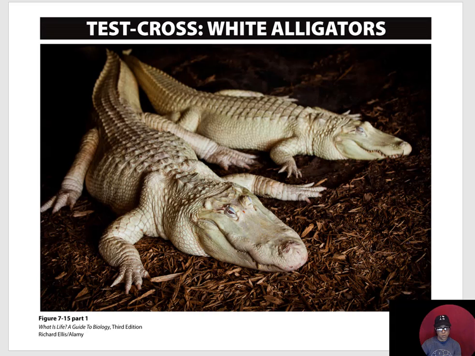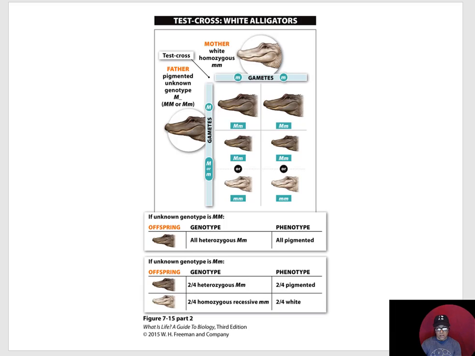So what are test crosses? Let's take a look at some white alligators and figure out what a test cross is. We can use a test cross when we're trying to determine the genotype of an unknown individual. We have an individual, we don't know what their genotype is, we can't tell. What we do is what's called a test cross.